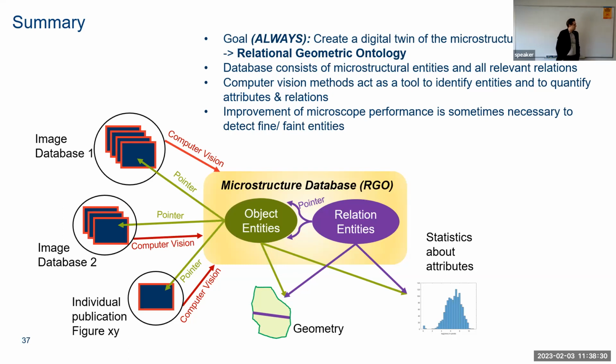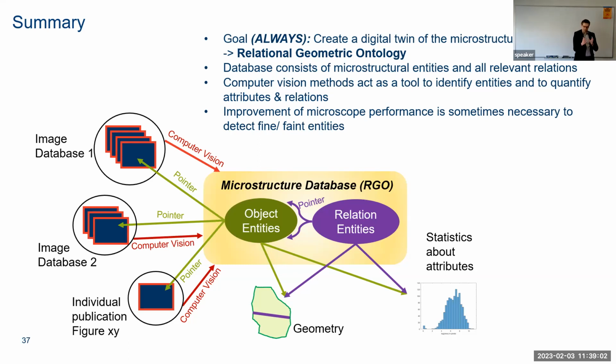So I already want to come to an end now, slowly, and want to summarize what I was talking about. So when I'm doing microstructure investigation, my goal is always the same. It doesn't matter what material, what imaging technique, my goal is I want to create a digital twin of the microstructure based on relational geometric ontology. And this is, I believe, already a good hint for you what you should consider when you want to do something like this yourself, because many students are walking around in our institute and they have micrographs and they want to use some AI, but they don't know what to do.